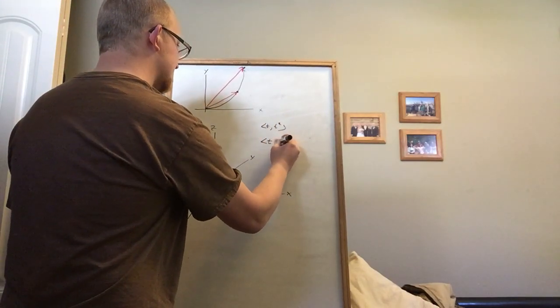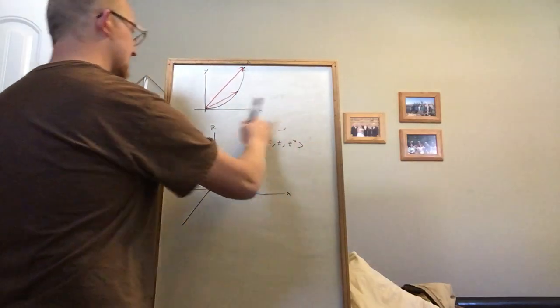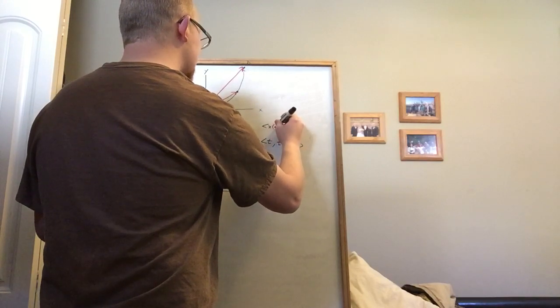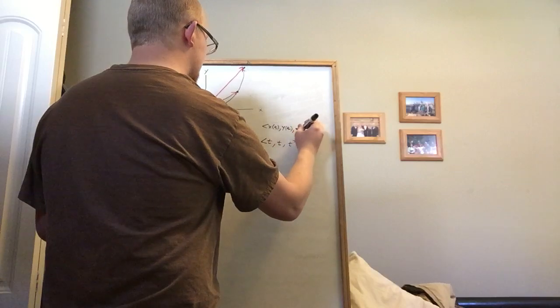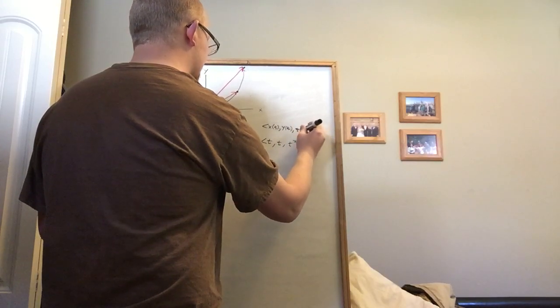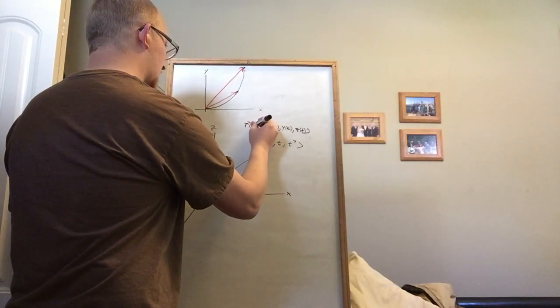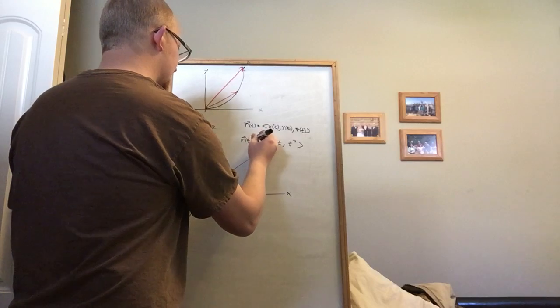For x, we'll say it's t, for y, it's t, and for z, it's t squared. And so this is another way of writing x is a function of t, y is a function of t, and z is a function of t.